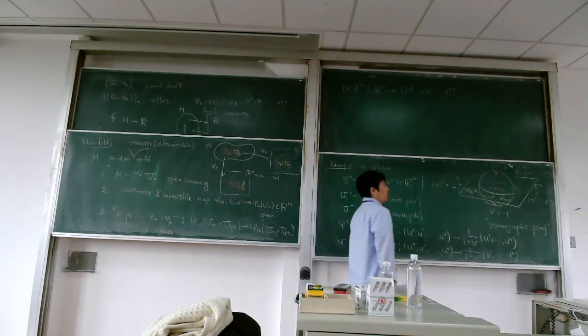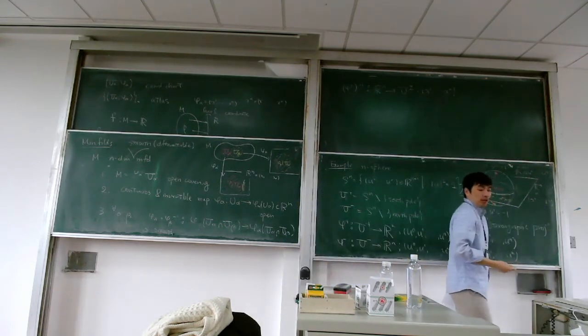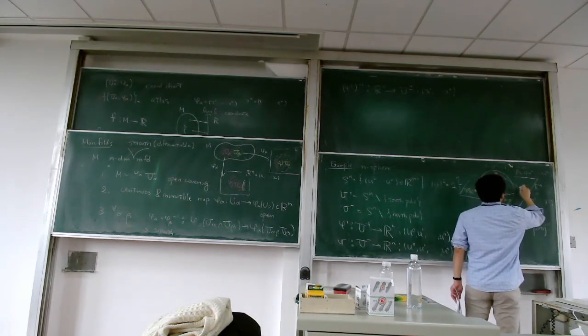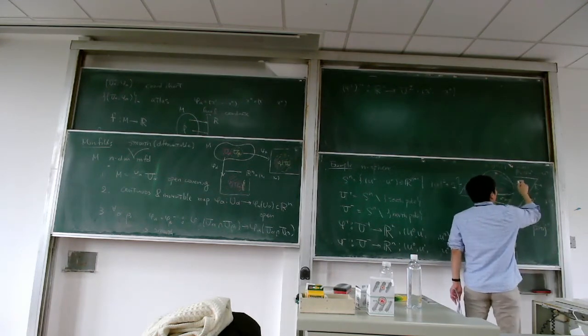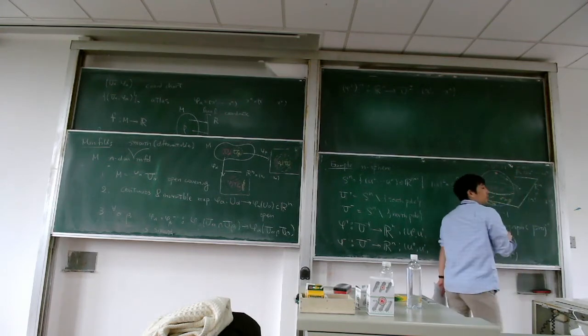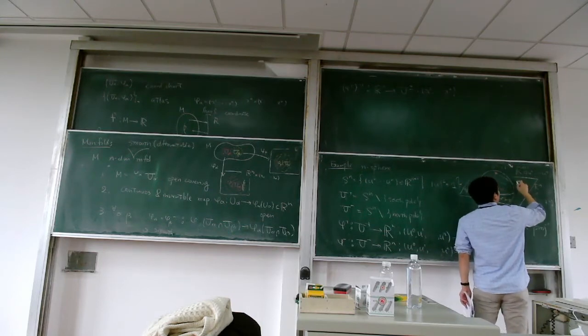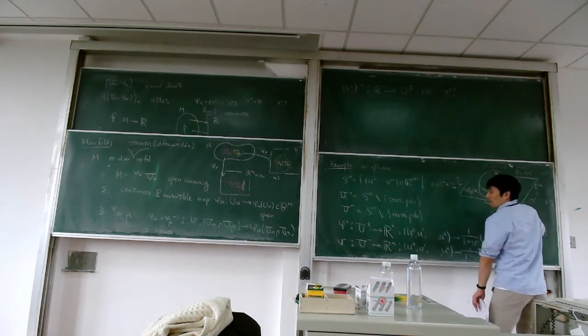To pick a point on Rn, you connect this point with the north pole, take the point on the sphere, and map this point to this point. This is phi minus inverse.